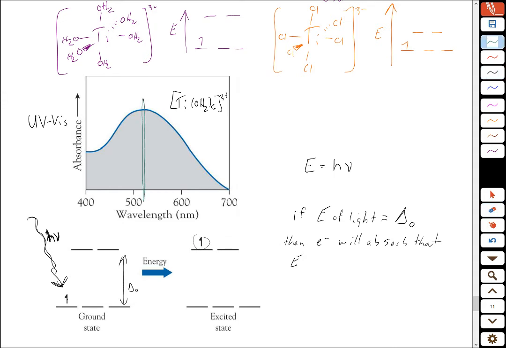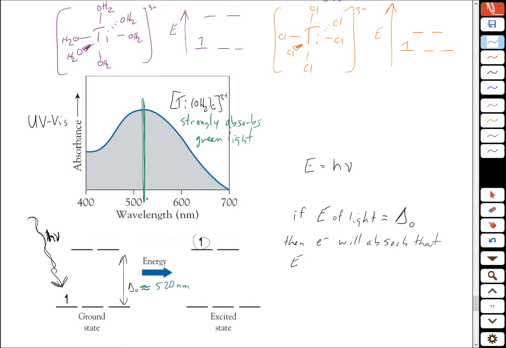Hexaaquatitanium(III) strongly absorbs green light, because delta O, the splitting in hexaaquatitanium(III), is approximately 520 nanometers, to match this line right here. The splitting energy of the d orbitals in titanium(III) is the same energy as green light, and so the electron in titanium absorbs that green light.